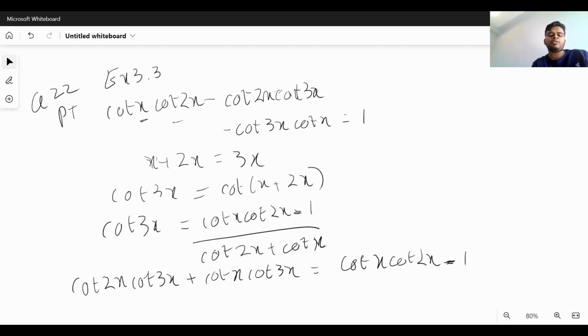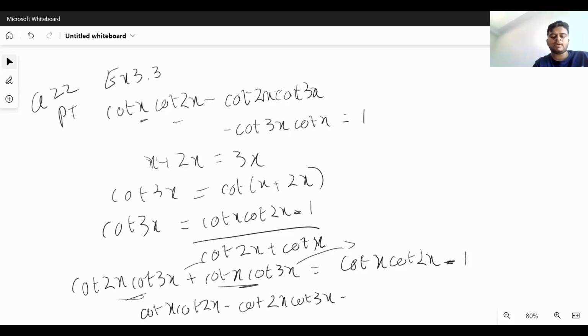Bring the 1 over to that side and bring these two terms onto this side, right? So transpose 1 there and these two terms here. What you'll ultimately get is cot x cot 2x minus cot 2x cot 3x minus cot x cot 3x equals 1.